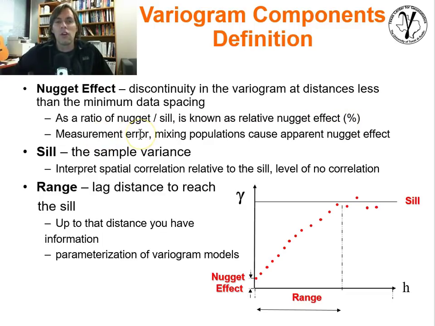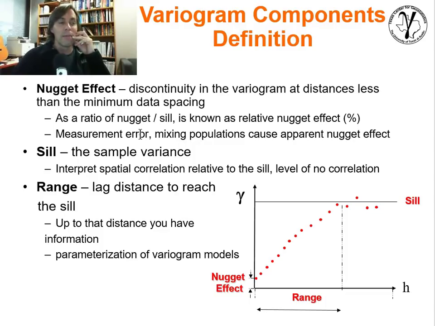Measurement error could be the cause of the nugget effect, and so in many spatial problems, if there's no expectation of high degrees of discontinuity at distances shorter than the minimum data spacing, we will tend to ignore the nugget effect. There are some spatial problems where you actually do have that type of discontinuity. You want to include it.